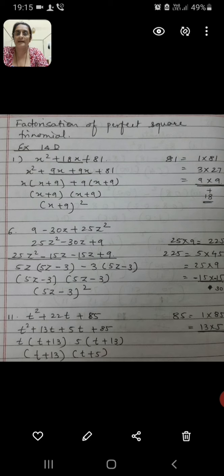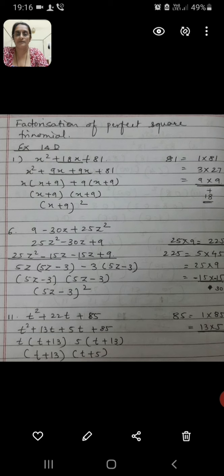We should get minus 30. Fine. So 45 and 5 gives either 40 or 50. 25 and 9 gives either 34 or 16. 15 and 15 gives 30 or 0.